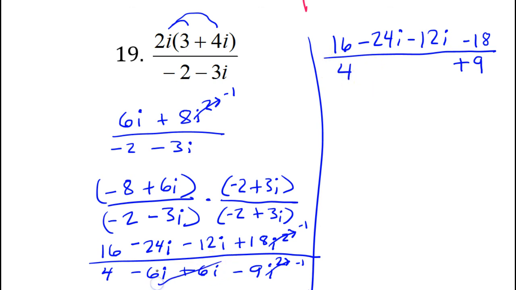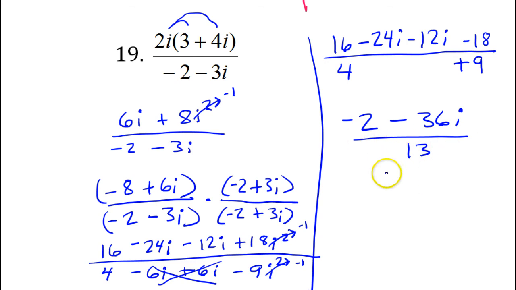I think I will go ahead and cancel these out though. So I've just got 4 plus 9. So combining like terms, 16 minus 18, that's negative 2. And then negative 24 and negative 12, that's negative 36i over 13.